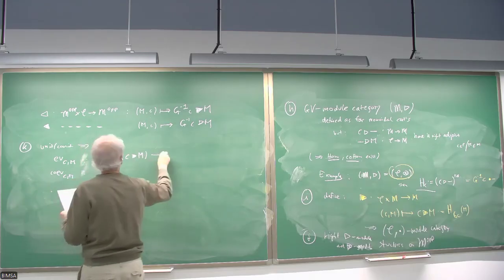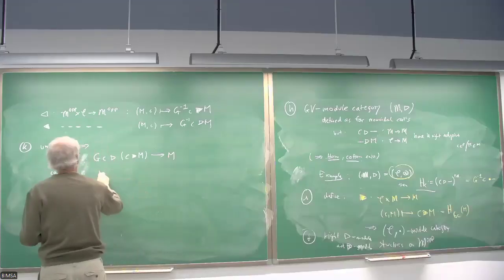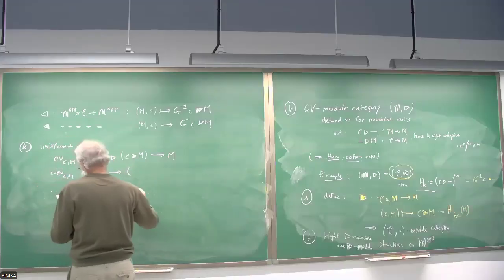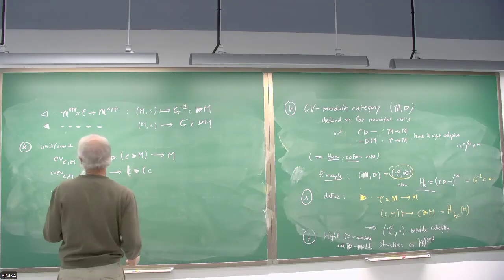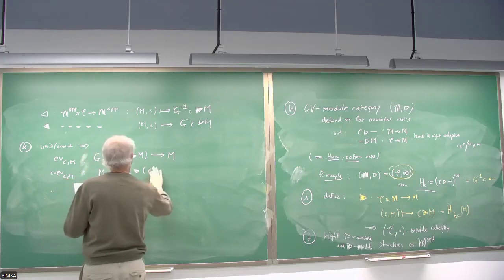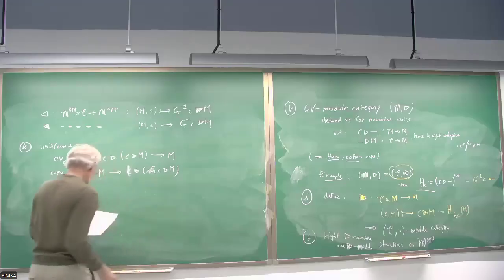So these are morphisms from this combination to M, respectively, from M to this combination.